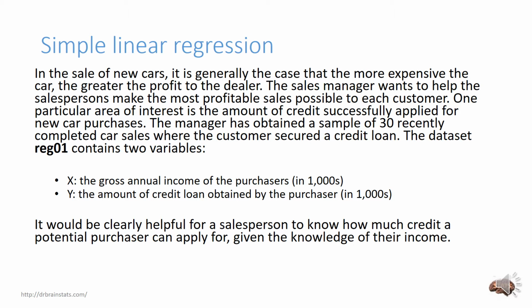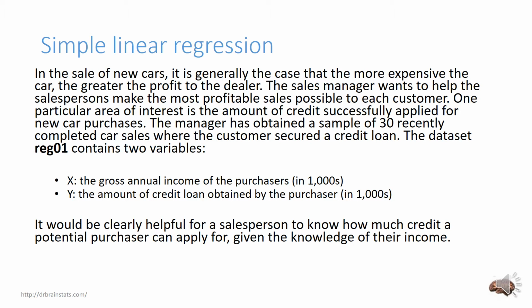In the sale of new cars, it is generally the case that the more expensive the car, the greater the profit to the dealer. The sales manager wants to help the salespersons make the most profitable sales possible to each customer. One particular area of interest is the amount of credit successfully applied for new car purchases. The manager has obtained a sample of 30 recently completed car sales where the customer secured a credit loan.